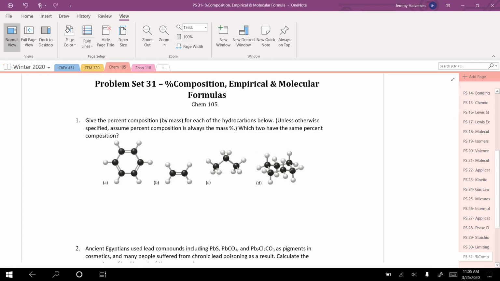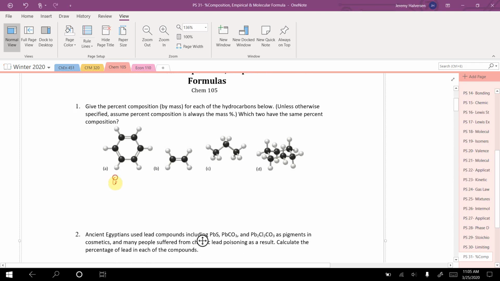And so I'm pretty much just going to find how much carbon is in this molecule divided by the total mass in this molecule. So I've got 6 carbons, so 6 times 12, divided by my total, which is 6 carbons plus 6 hydrogens. And I can plug that in.